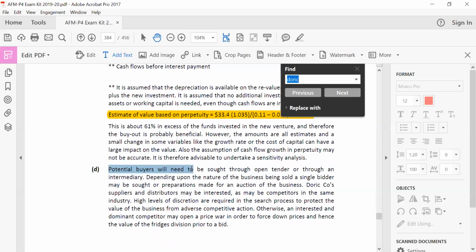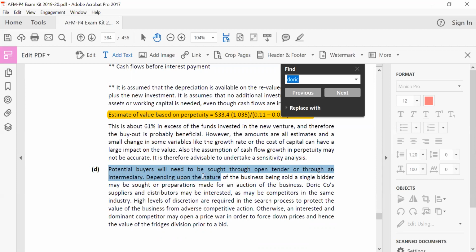Potential buyers will need to be sought, right? Past tense is sought. So potential buyers will need to be sought through open tender. You let people come in and tender. Or through an intermediary. You can allow an intermediary to also help you get them. Give us your idea about getting a buyer when you want to sell your asset.